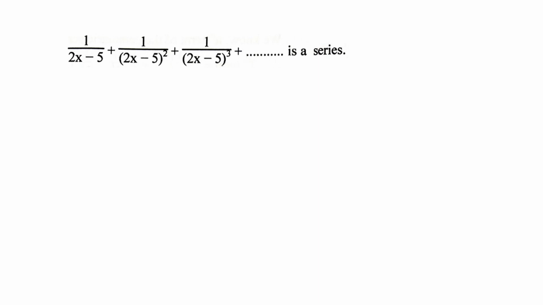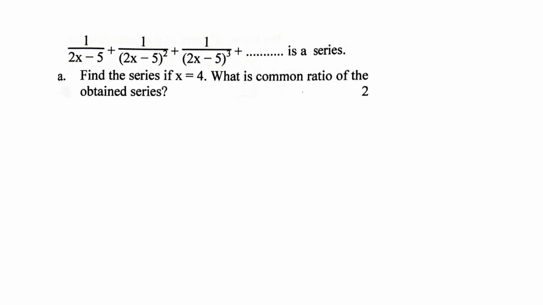Given 1 by 2x minus 5 plus 1 by 2x minus 5 whole square plus 1 by 2x minus 5 whole cube plus infinite is a series. First question is, find the series if x equal to 4. What is the common ratio of the obtained series? This question is for 2 marks, easy level question.